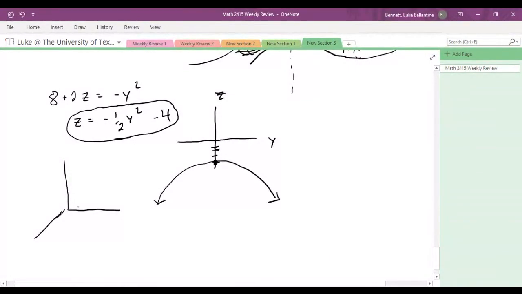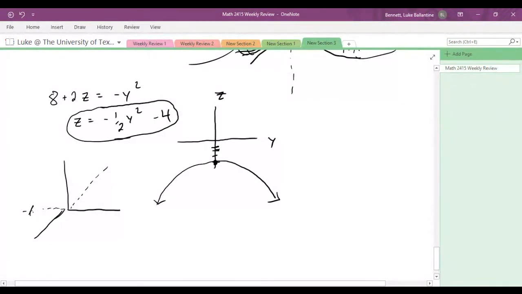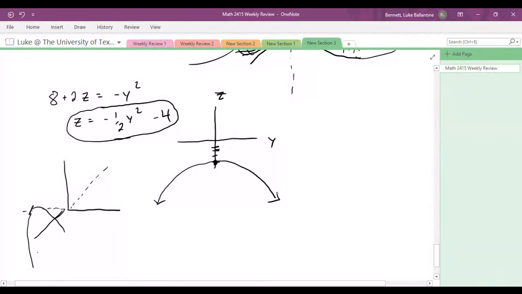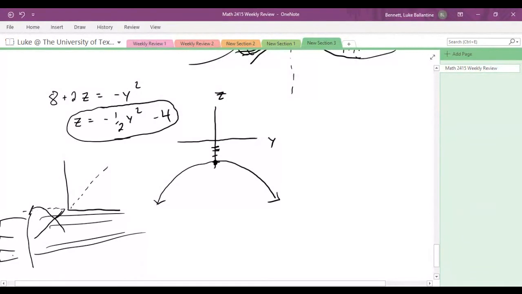So then graphing, we go down 4, down, and then it stretches. Did I draw that wrong? Yeah, I did.